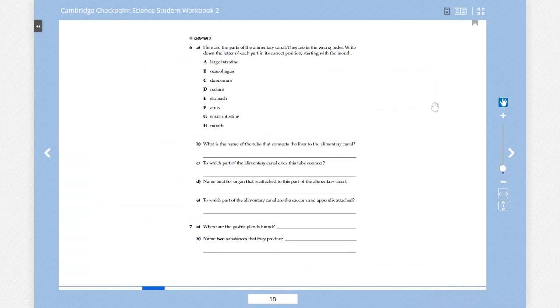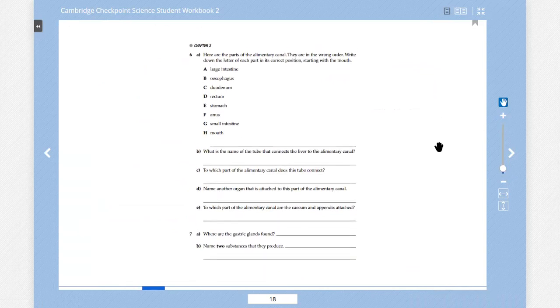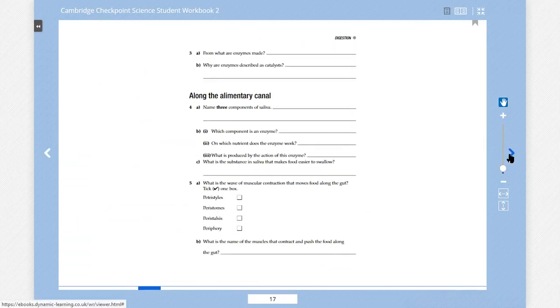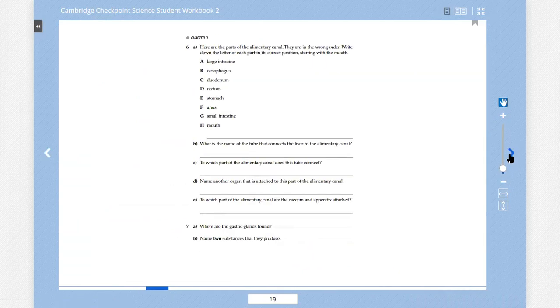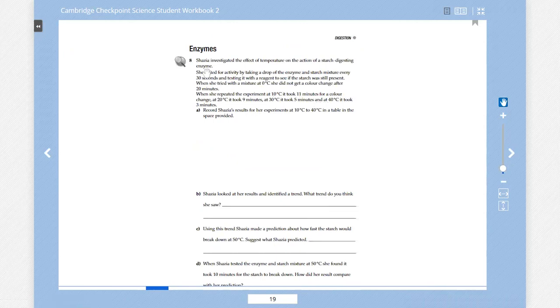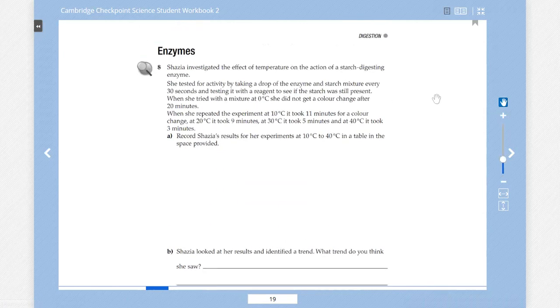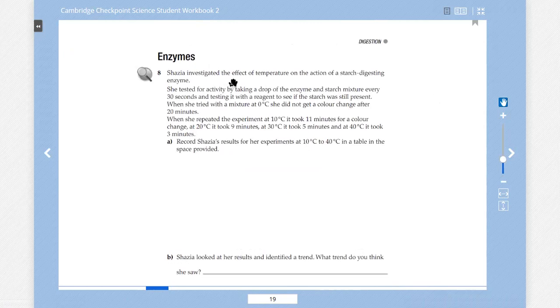This question is about enzyme. Sazia investigates the effect of temperature on the action of a starch digesting enzyme.